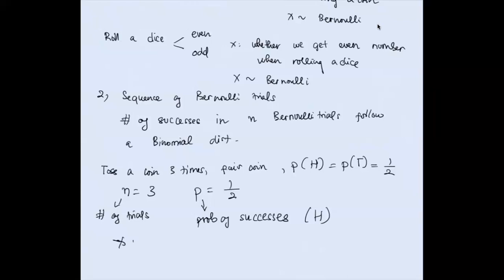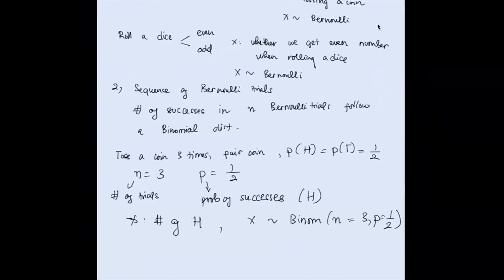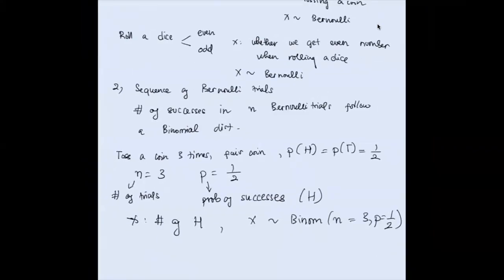Then in this case, X is the number of heads that I get when I toss a coin 3 times. I say X follows a binomial distribution with n equal to 3, number of trials, and probability of success at each trial is 1/2. So that's what is meant by a binomial distribution.